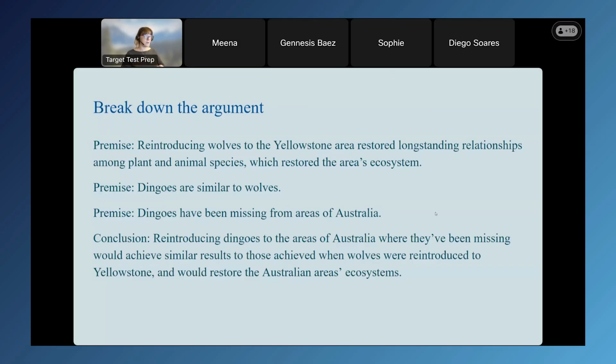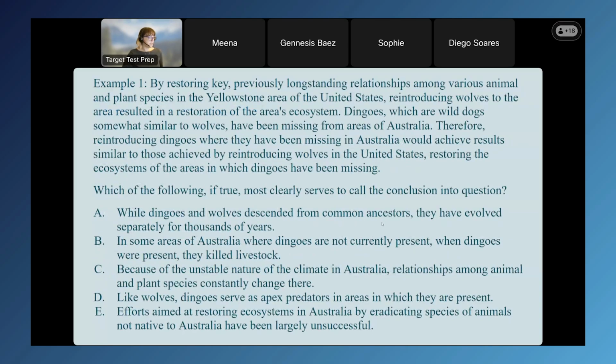Dingoes have been missing from areas of Australia. So if we reintroduce dingoes to those areas that they have been missing from, because they're similar to wolves, we might expect the same thing to happen in the Australian areas as far as restoring long-standing relationships among plant and animal species. So let's go through these choices.